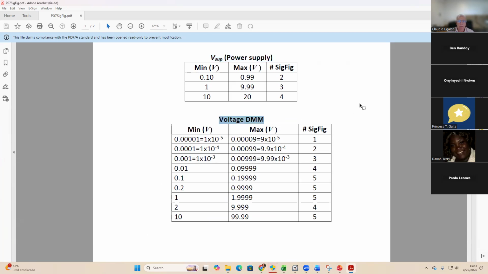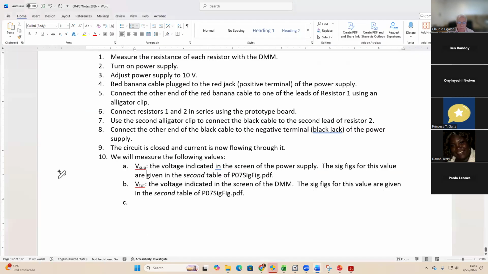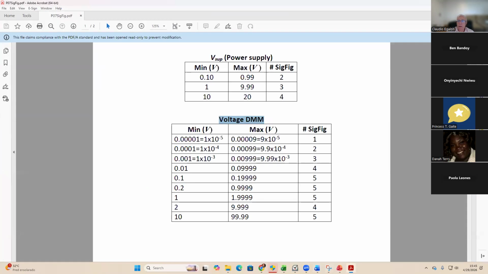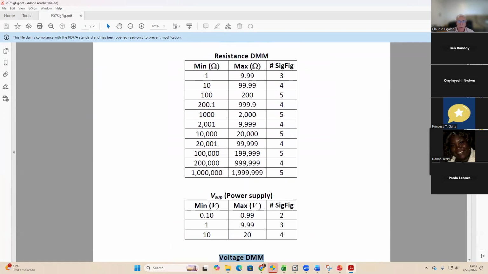The sig figs for these values are given by the third table of P07 sigfig, third table.